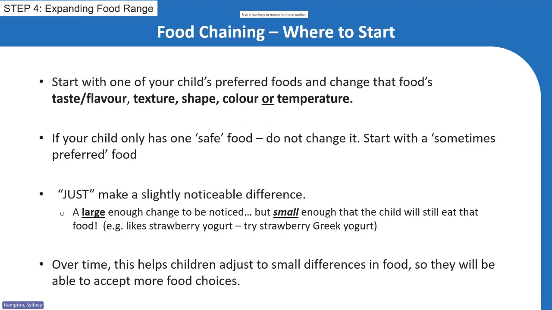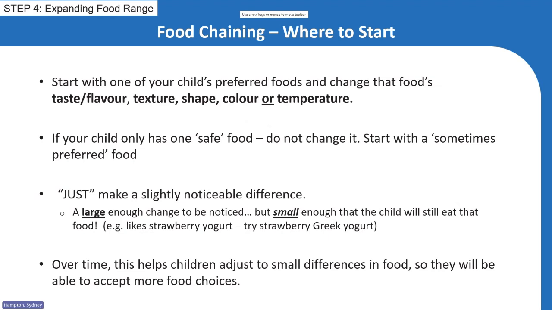We can also present it on a normal plate and present a slightly altered version beside it or on another plate. We don't want to risk losing that only preferred food. So we want to have it in the regular form, but just change it slightly, but maybe don't include it on that regular plate that the child's eating from.